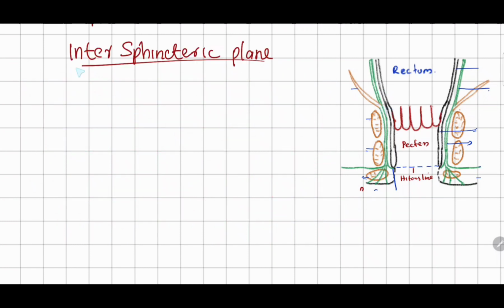Now, let us see what we mean by the intersphincteric plane. We have the internal anal sphincter and the external anal sphincter, and there is a space between these two. That is known as the intersphincteric plane.